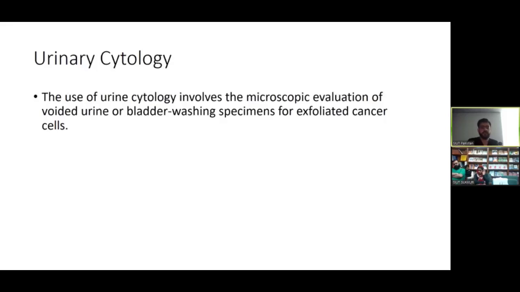The other important investigative tool is urine cytology. The idea behind urine cytology is that the cells that are malignant lose their adhesive capabilities, and hence patients with bladder cancer are passing these specific cells in their urine, and we can see these cells under a microscope, and we can easily pick these bladder cancer cells, which can tell whether a patient is or is not suffering from bladder cancer.